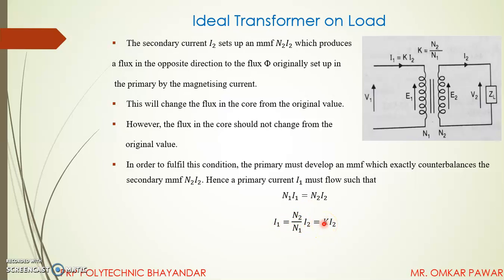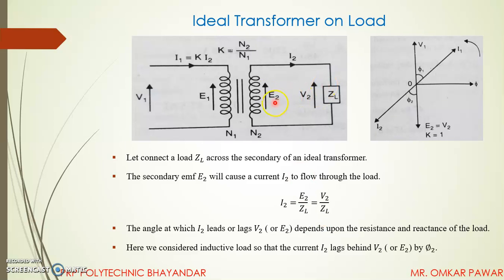This means that if there is a current flow in the secondary circuit, it will produce an EMF. The primary EMF is in this direction and the secondary EMF in this direction, so it will oppose that flux. But the flux in the transformer will remain constant.